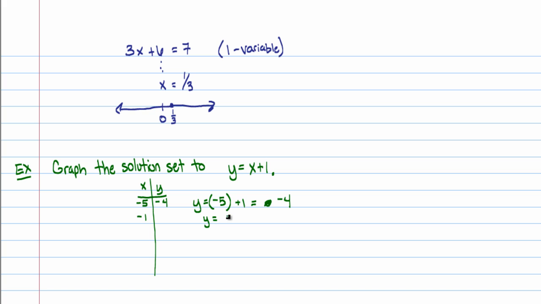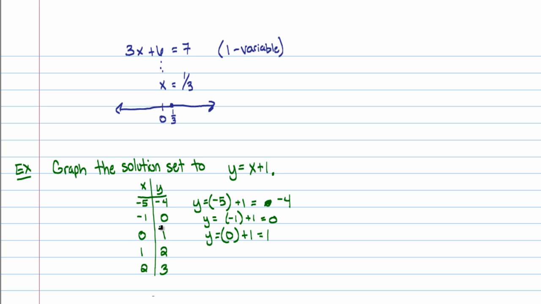If you did that, y would be -1 + 1, because I'm substituting -1 for x, and this would become 0. You can even let x = 0, and y will equal 1, and so on and so forth. If you let x = 1, y will be 2. If you let x = 2, y will be 3.